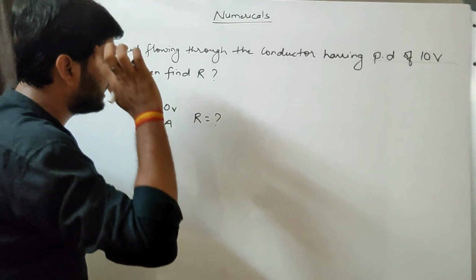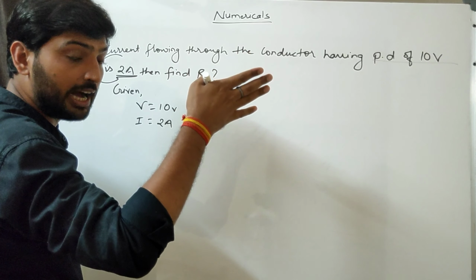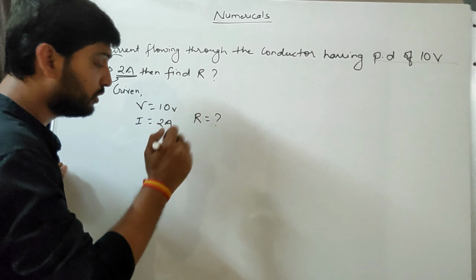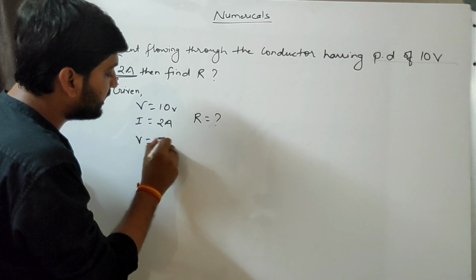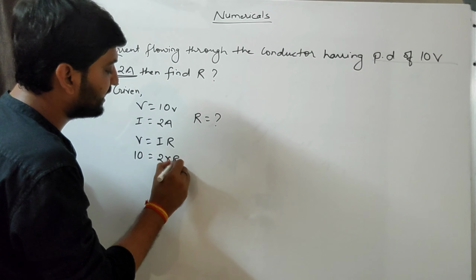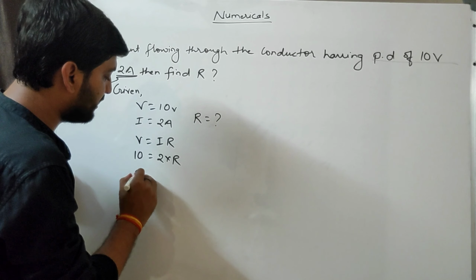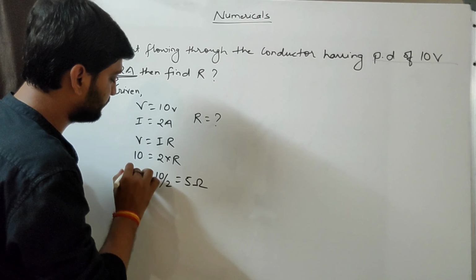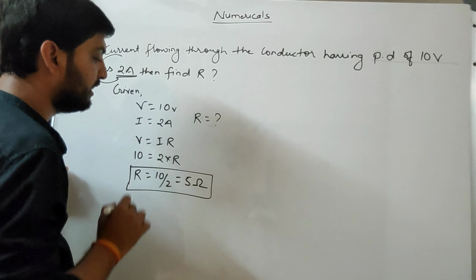R. Directly, V is equal to IR. Just remember that formula. When we put this formula, V is 10, I is 2, we can easily calculate R. So R will be 10 upon 2, that is equal to 5 ohm. So the resistance is 5 ohm.